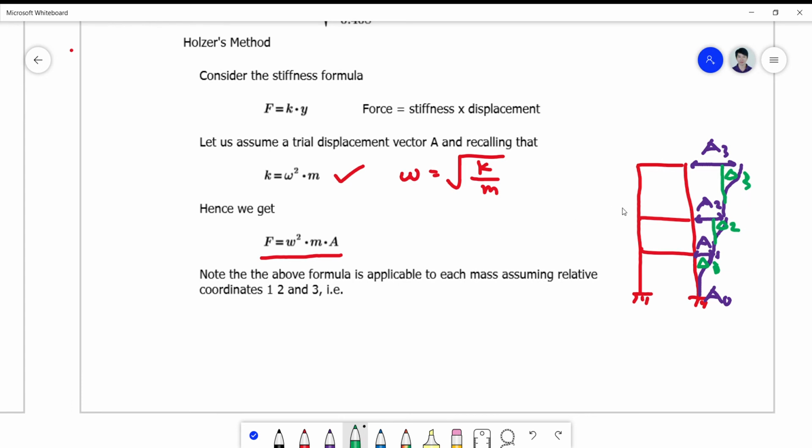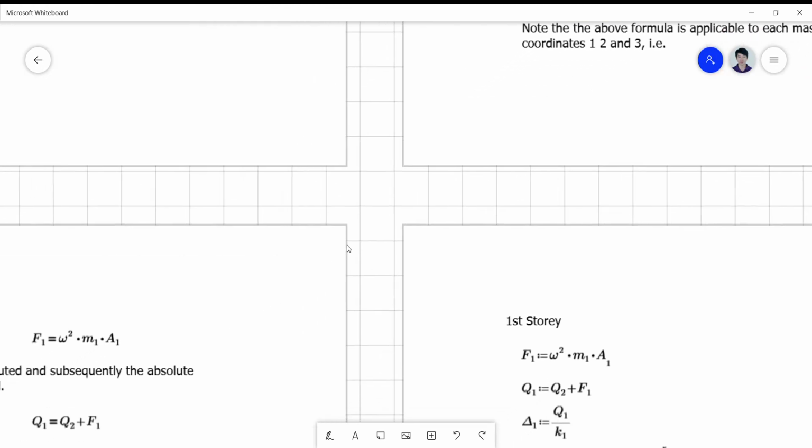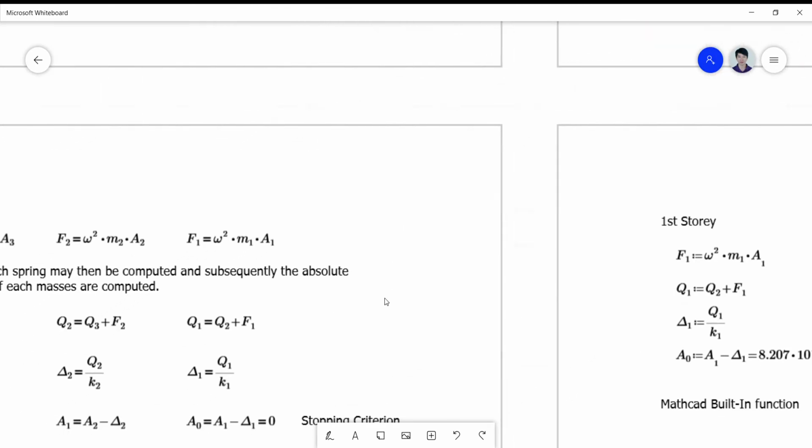So that's now the formulation we're going to use in the Holzer's method. But this is equivalent to the spring mass system that the problem is presenting above, no? So this is actually the same as the previous problem.